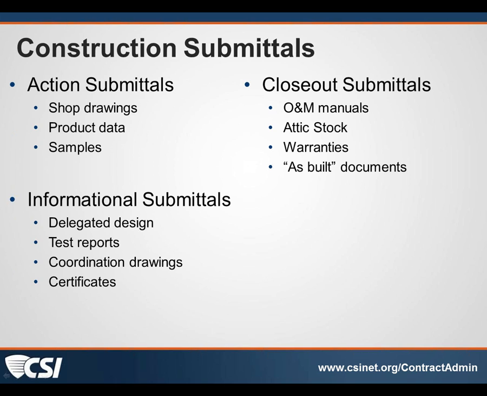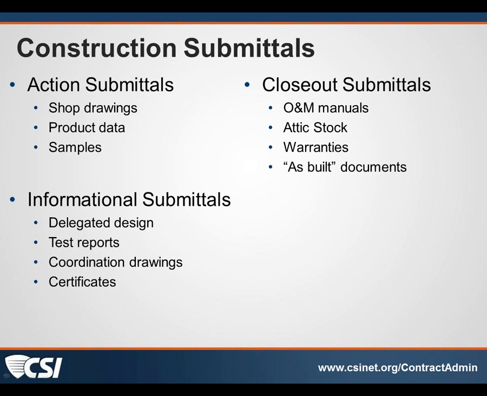Then we'll move from pre-construction into the construction phase of the project, and we have a couple of different categories to look at here. We have action submittals, we've got informational submittals, and closeout submittals. So obviously in the action submittals, these are things that we need to take action on.